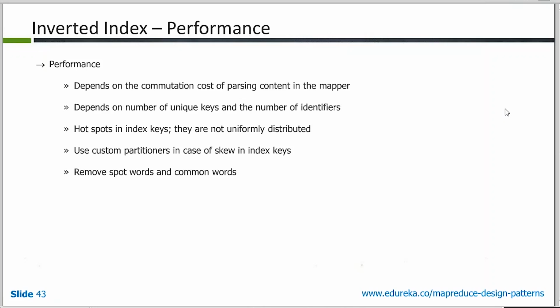Because these kinds of terms would happen a lot in the document, and if you do not remove these stop words before creating an inverted index, you will end up having a lot of junk data in your inverted index on the other side. So some of these things should be removed up front.